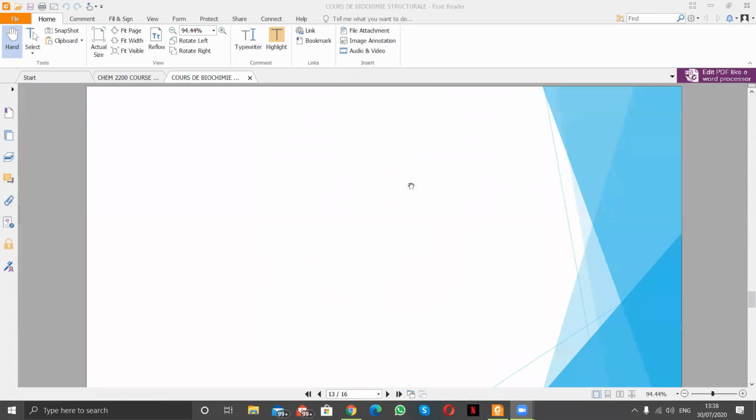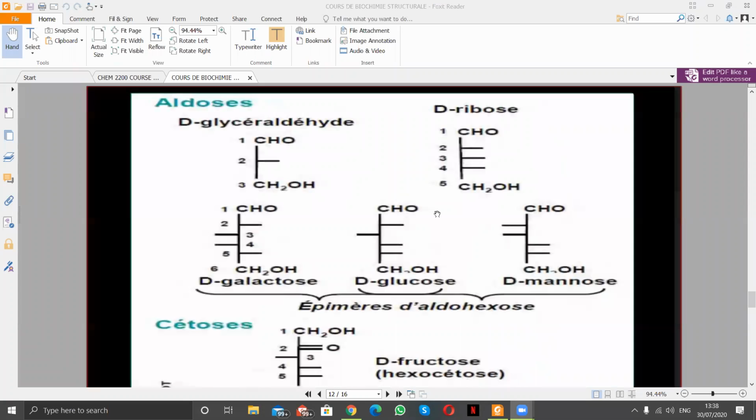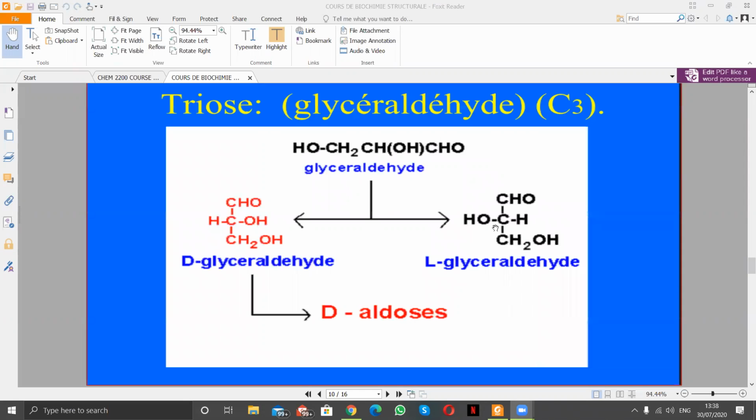How it comes about, it's been determined by a hydroxyl functional group. It's also based on a carbon asymmetry.